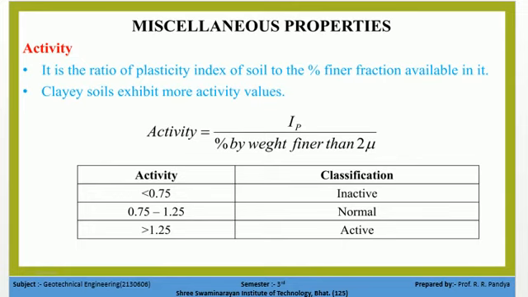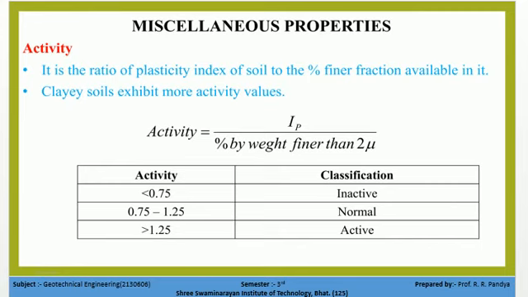To determine the percentage by weight finer than 2 micron, we have to perform a hydrometer test. Here we can see in the table, from the activity value we can classify the soil.